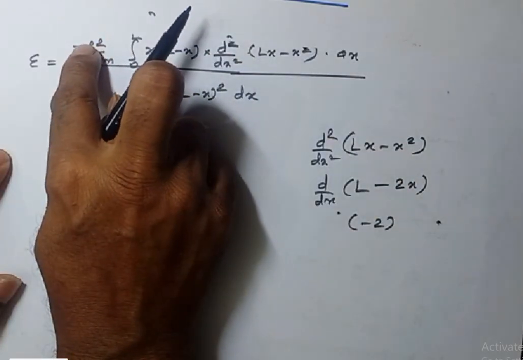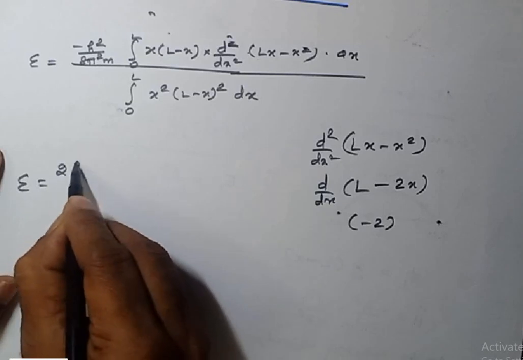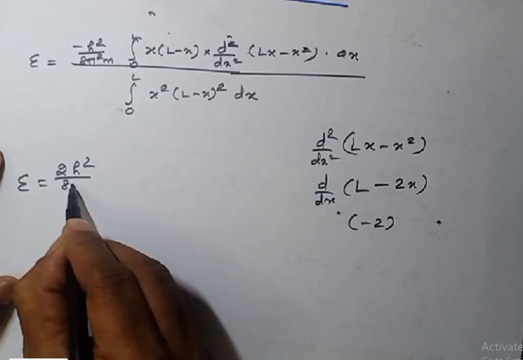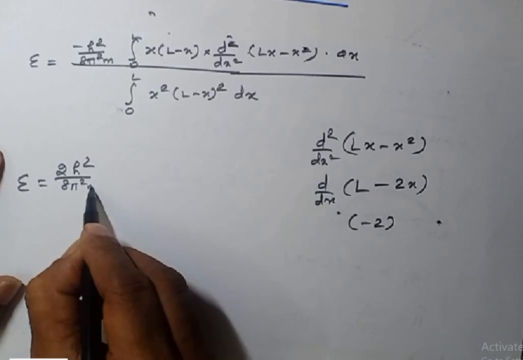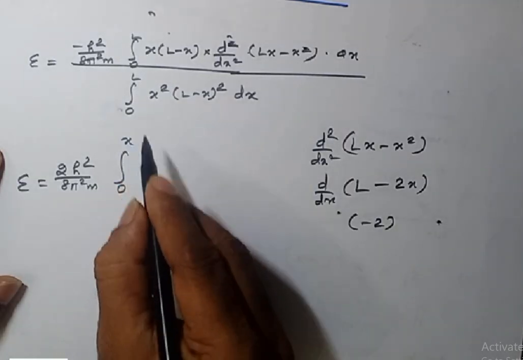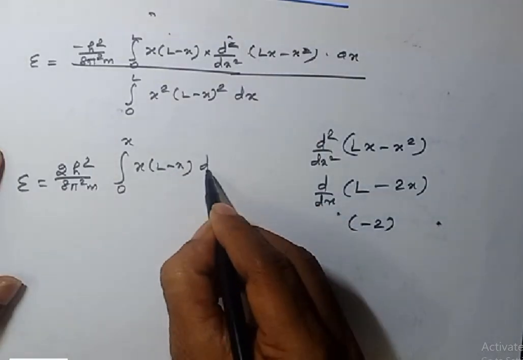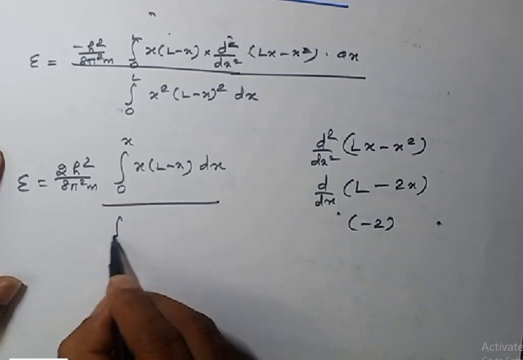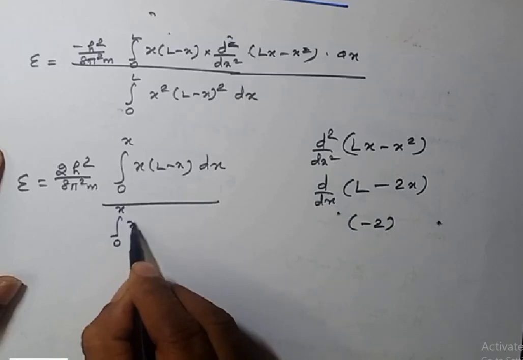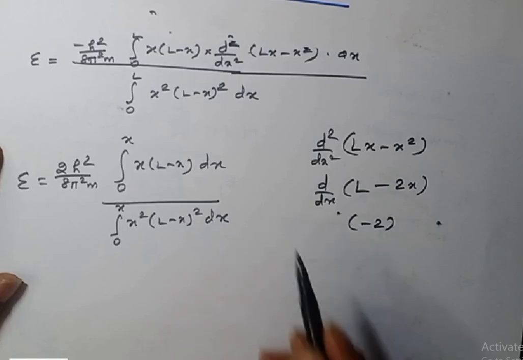So the expectation energy is equal to 2h square by 8 pi square m, integral 0 to L of x into L minus x dx, divided by, in the denominator, integral 0 to L of x square into L minus x the whole square into dx.